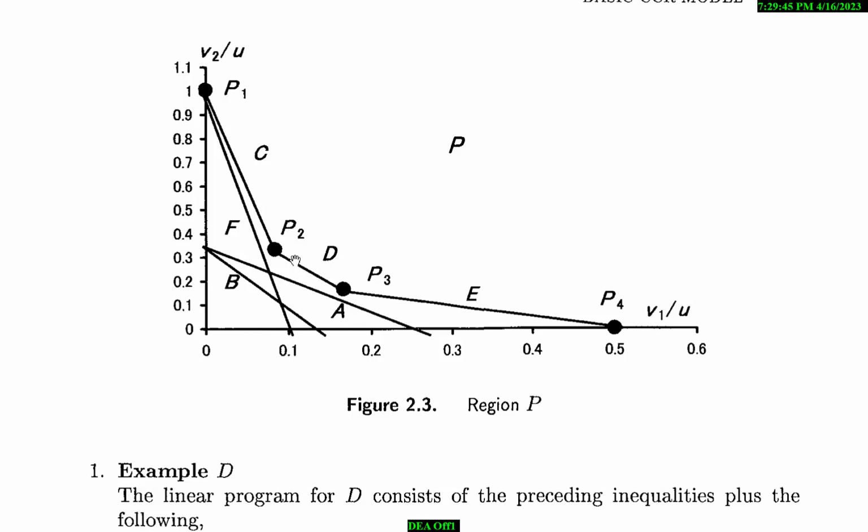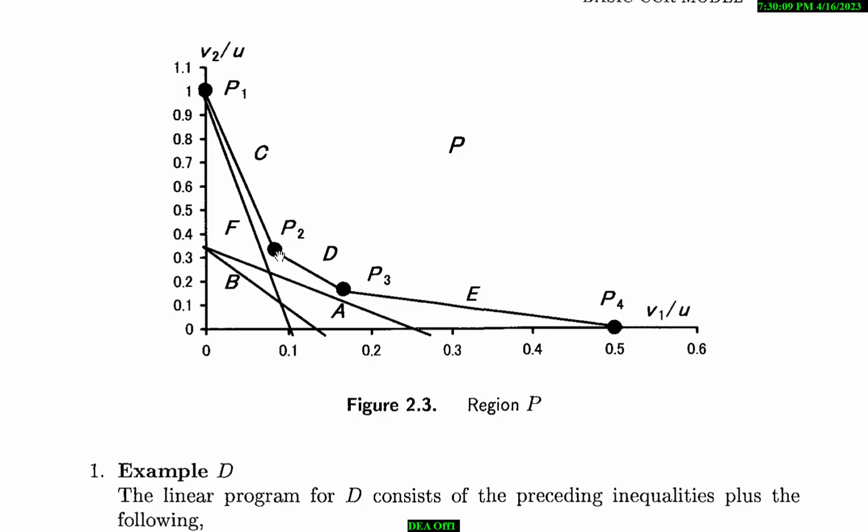So the minimized value of T is when D passes 2 points, P2 and P3, and on this line the value of T is equal to 1.